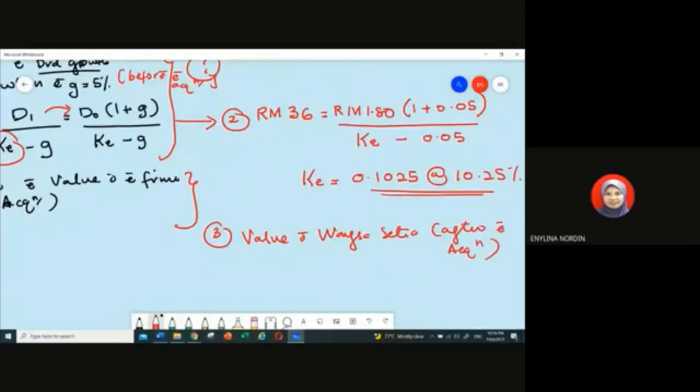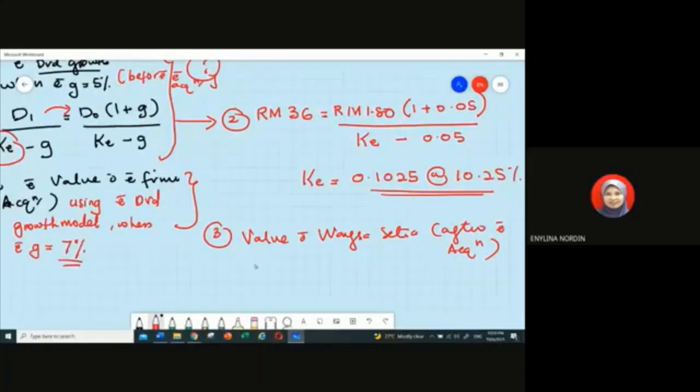We will make use of the dividend growth model, after the acquisition, when the growth rate equals 7% this time.